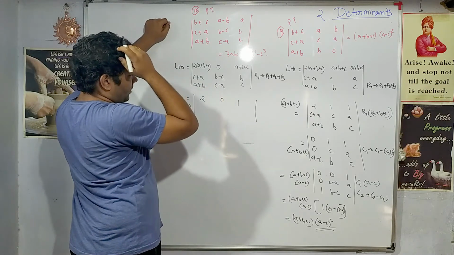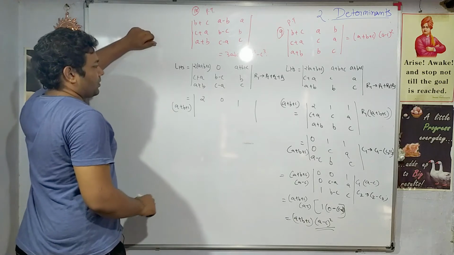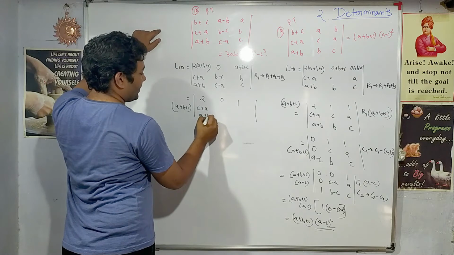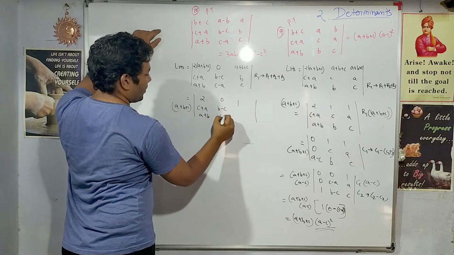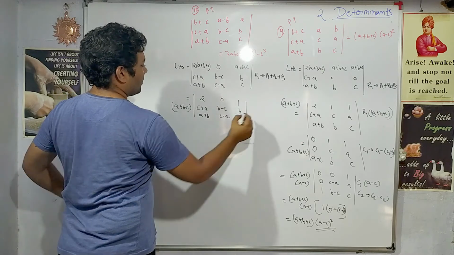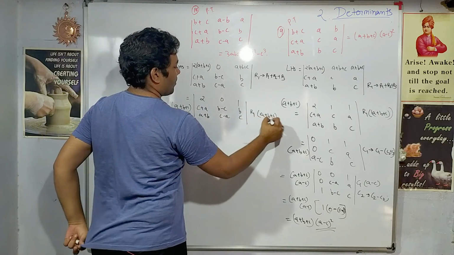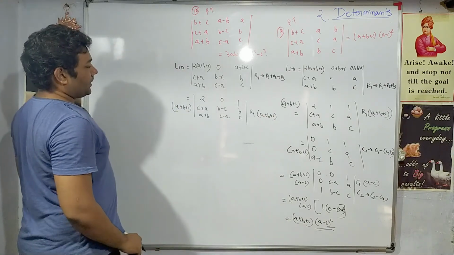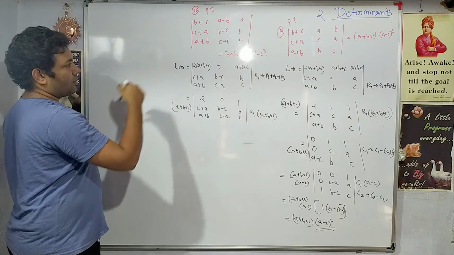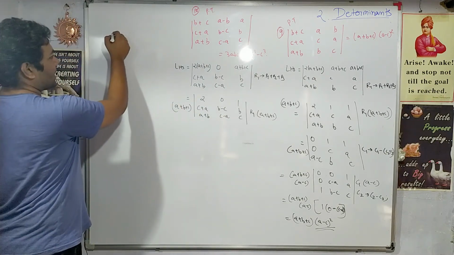Can you do any other operation which will be helpful? No, I don't see one. So let me just simplify this and then I will think what can be done ahead. So what operation have I done? Operation on row 1, and I have taken a plus b plus c common. Correct? Even though a plus b plus c is not in the answer, here you have one identity. What is that identity?